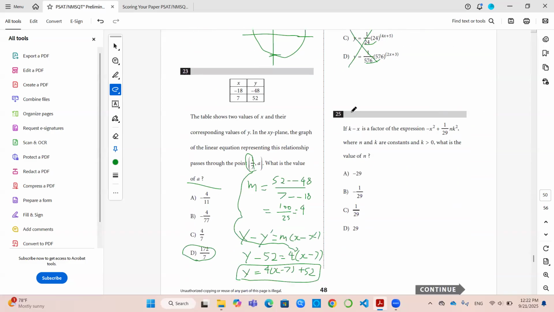Okay, if k minus x is a factor of the expression minus x squared plus 1 over 29 and k squared, where n and k are constants and k is greater than 0, what is the value of n?